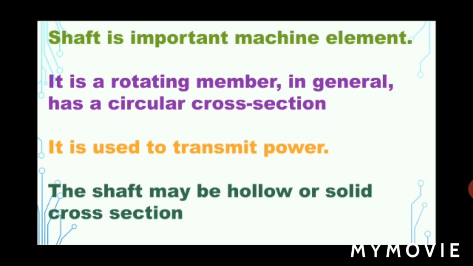All those things come under the first step. So a shaft has a circular cross section, which may be solid or hollow, and its function as a rotating member is to transmit torque or power, based on the type of application where it is to be used.